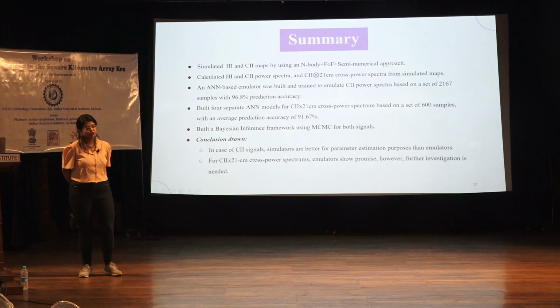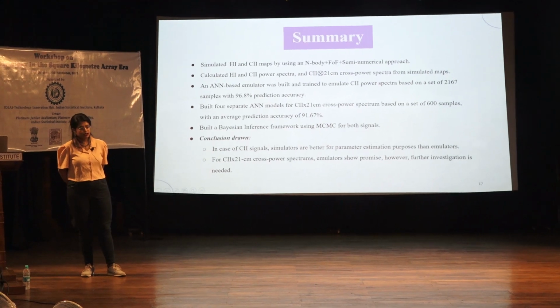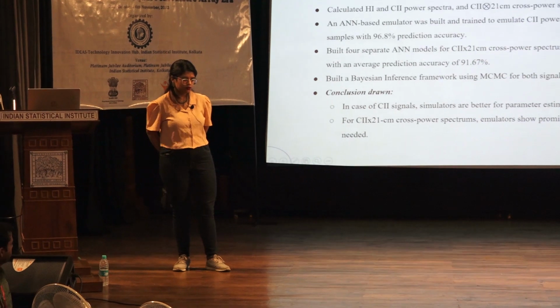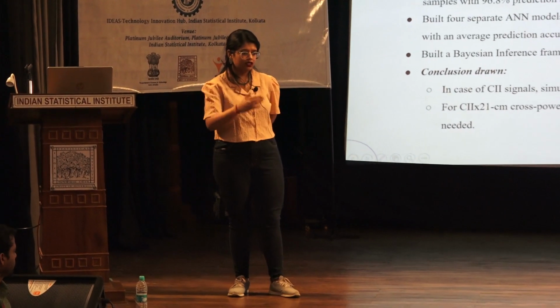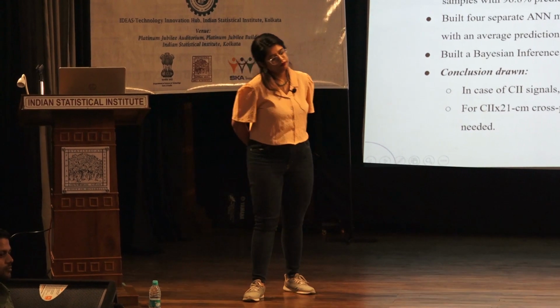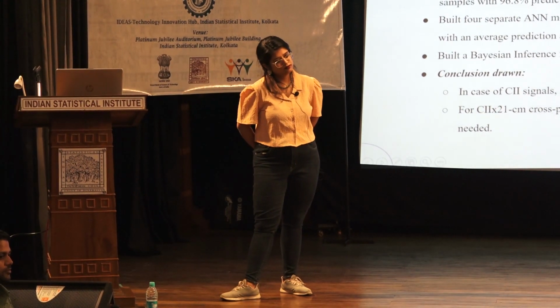What has been done here? Here we have just emulated the statistic. So basically, when you are training a neural network, the data that you are providing, in our case, was just the statistic.